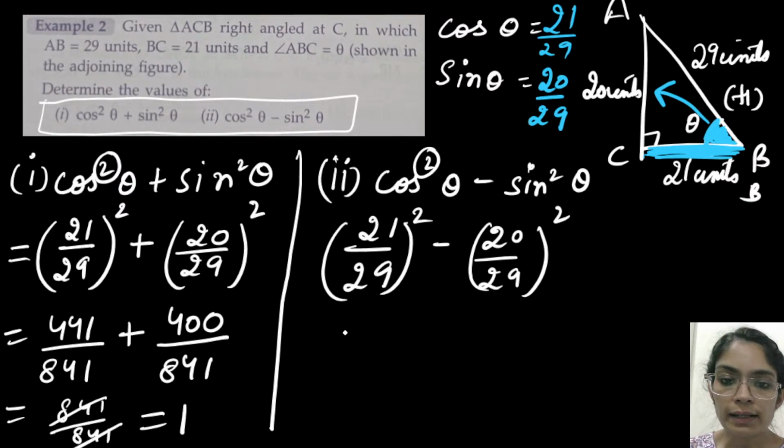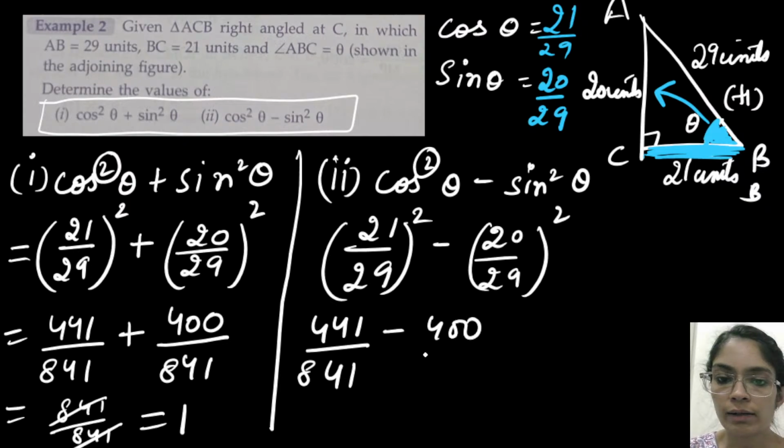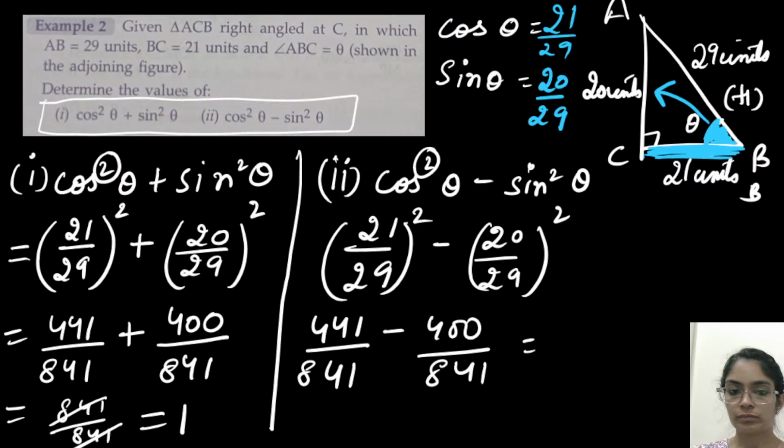So square of 21 is 441, so 441 by 841 minus 400 by 841. What is the answer of this one? Yes, the answer is 41 by 841.